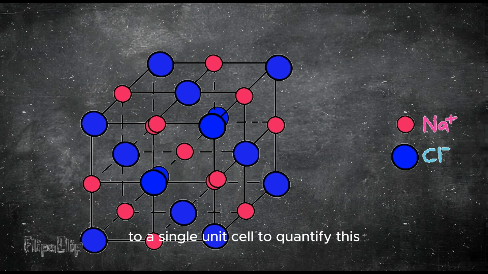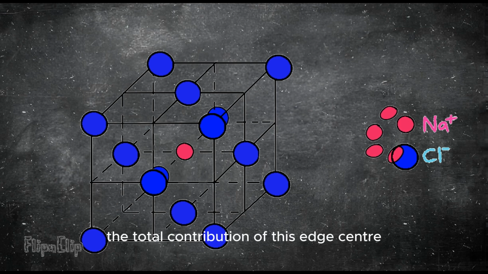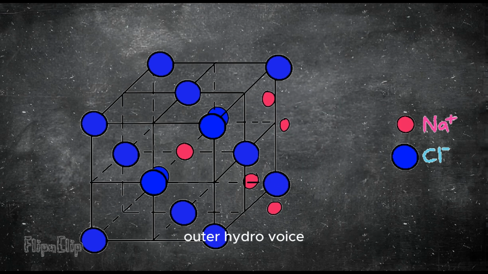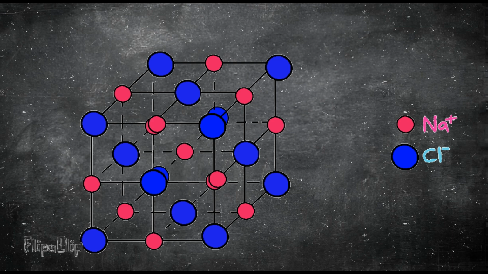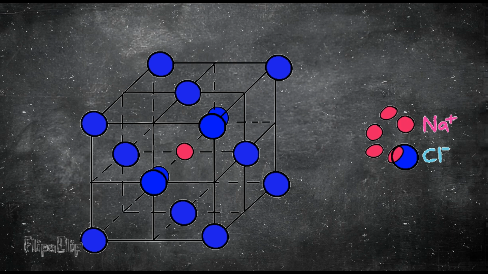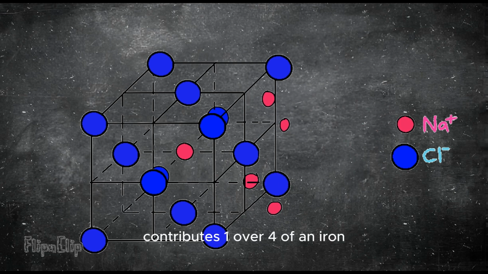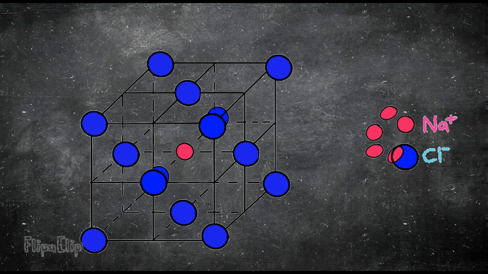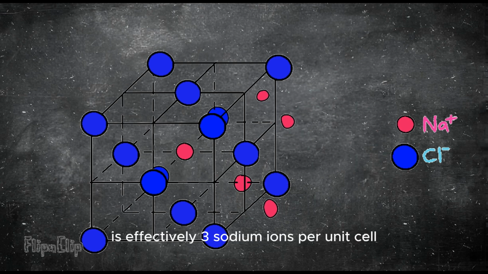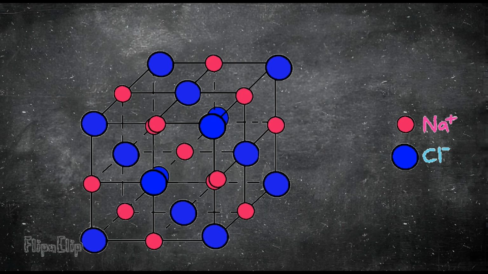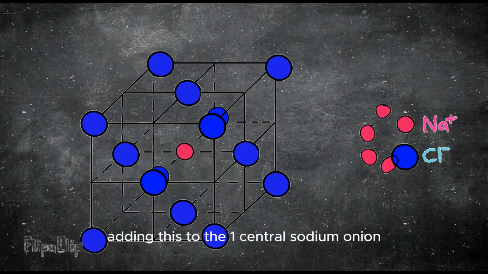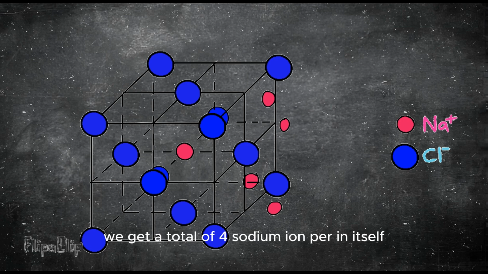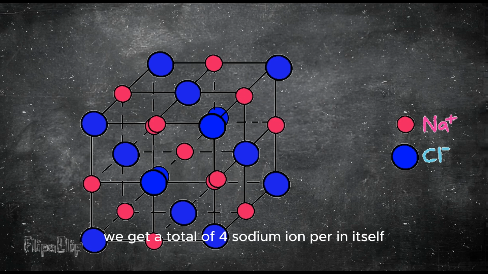To quantify this, we can calculate the total contribution of these edge-center octahedral voids. Since there are 12 edges in the cube and each edge contributes 1/4 of an ion, the combined contribution is effectively 3 sodium ions per unit cell. Adding this to the 1 central sodium ion, we get a total of 4 sodium ions per unit cell.